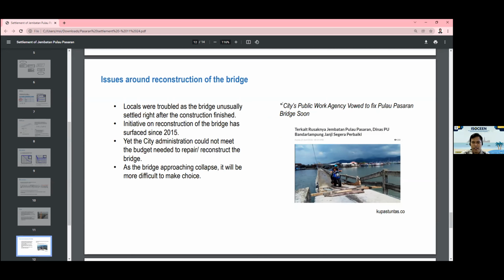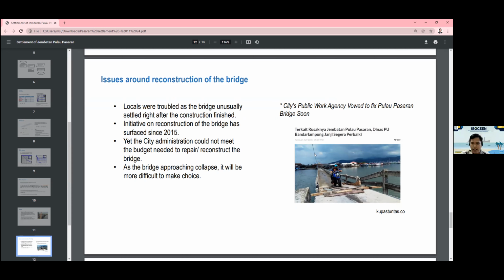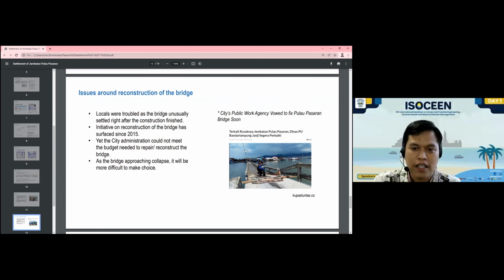It was titled "City's Public Work Agency Failed to Fix Pulau Pasaran Bridge Soon." This news was posted in 2018, and yet currently, in the latest condition, the bridge has not been reconstructed.